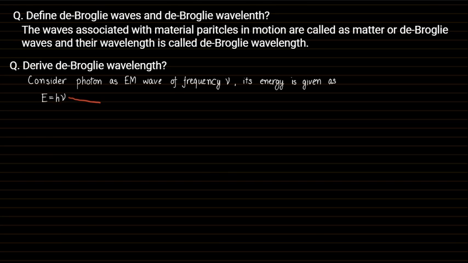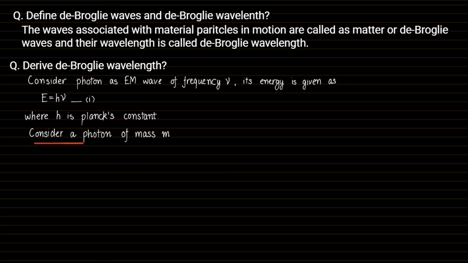Let this be equation 1. Now consider the photon has a mass small m. Then the energy associated with the mass m is given as E equals mc squared. Let us call this equation 2.